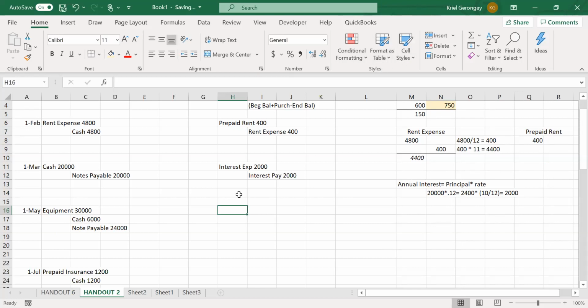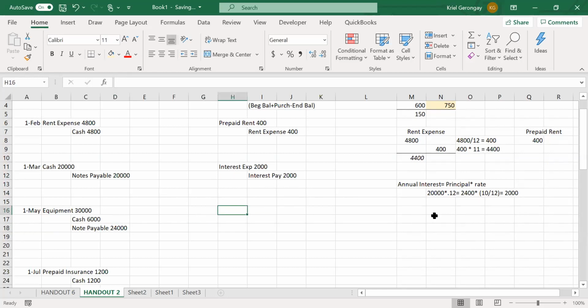So for May 1st, we actually have to record 2 adjusting journal entries here. The first one has to do with the notes. So let's do the notes first. It's similar to the one that we did previously.